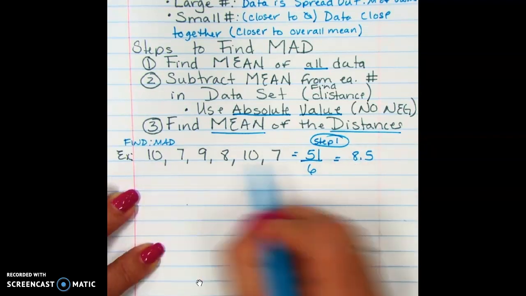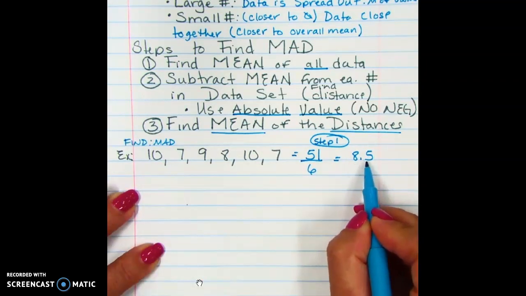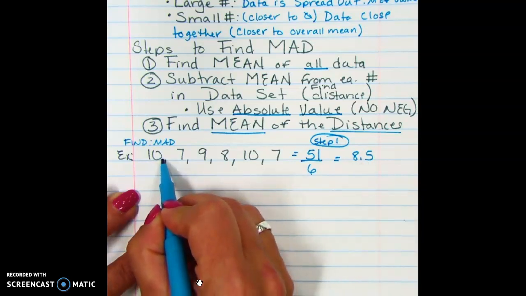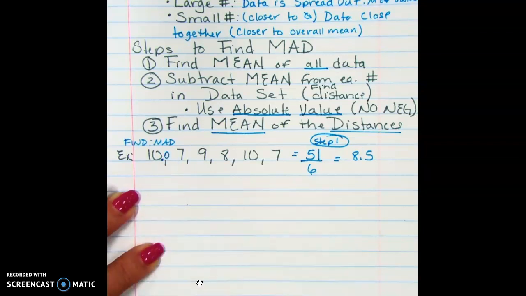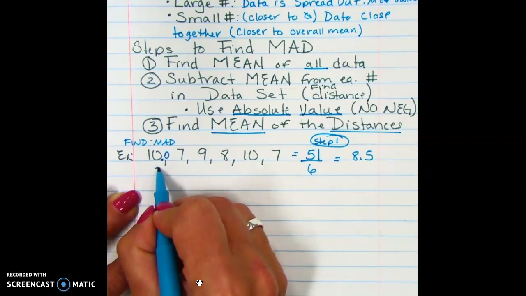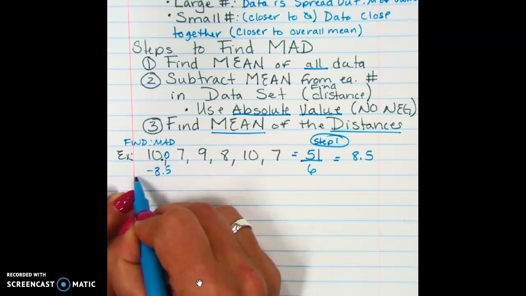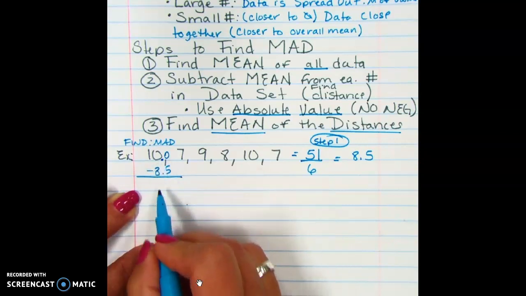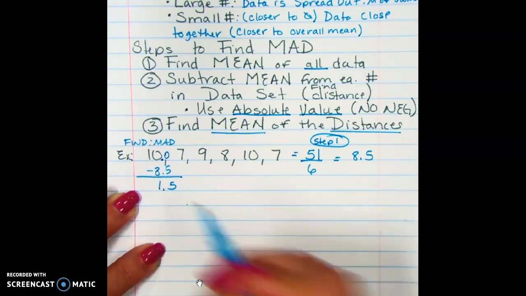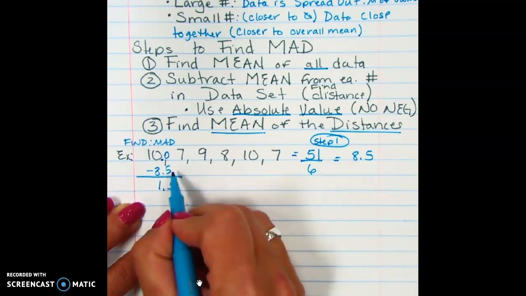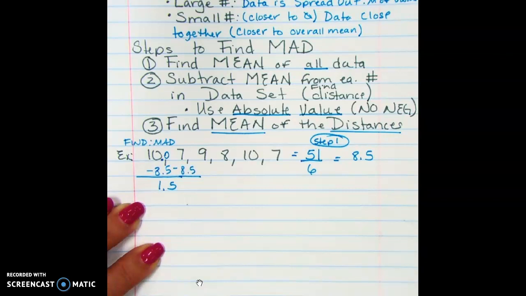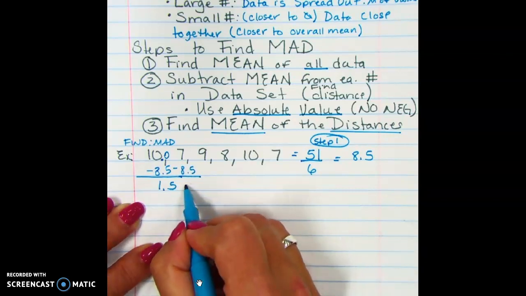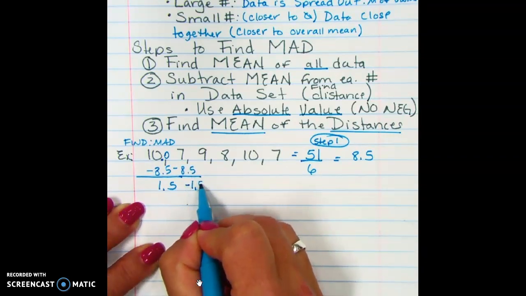Now, I have to recall that if I'm subtracting 8 5/10 from a whole number, I have to remember that there is a 0 here, so I subtract, and I end up with 1 5/10. Now I'm going to subtract 8 5/10 from here. When I do that, I end up with a negative 1 1/2.